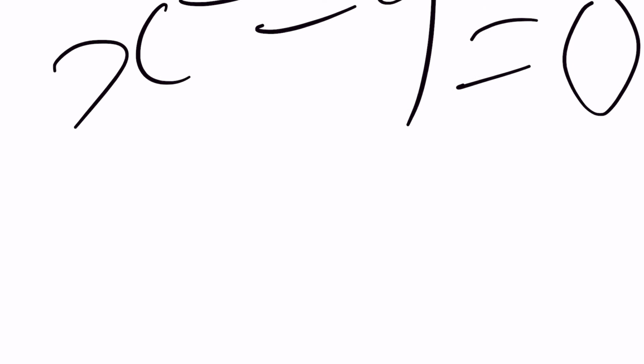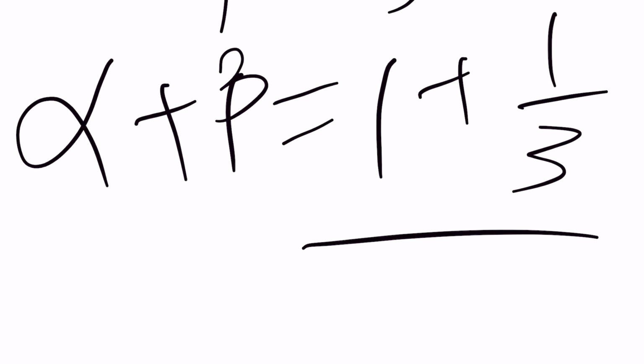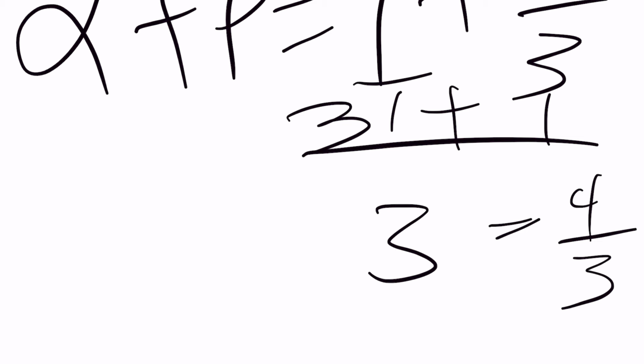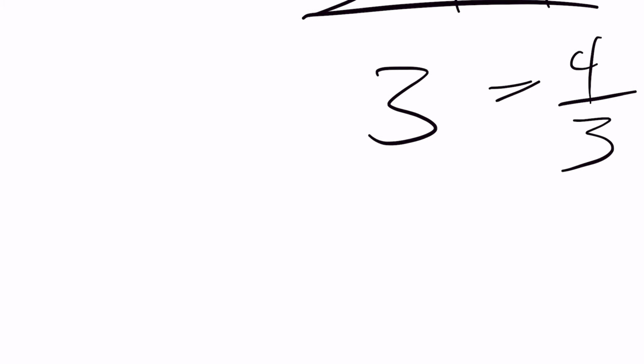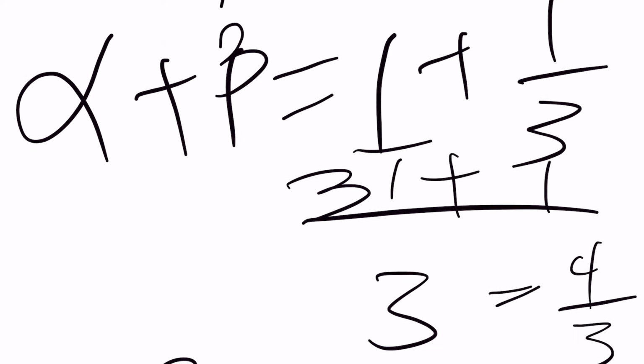And for the last one, we have 1 and 1 over 3. Alpha plus beta will be 1 plus 1 over 3, so we have this to be 4 over 3. And alpha beta will be 1 times 1 over 3, which is 1 over 3.